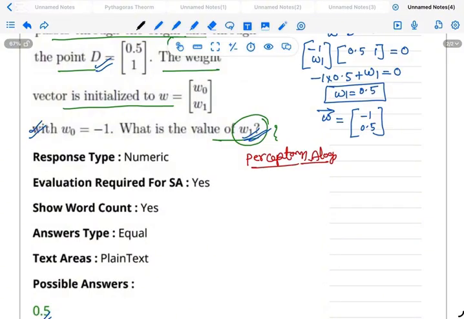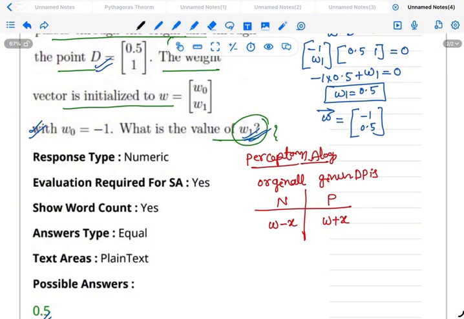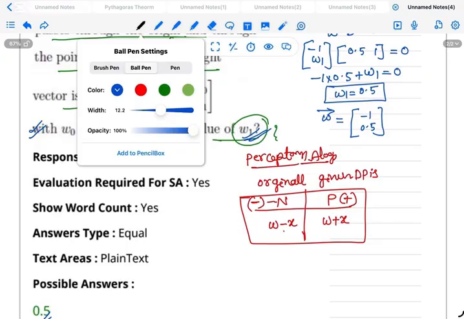For the perceptron algorithm, the given data points are originally negatively classified or originally positively classified, and we find W transpose X, then W plus X or W minus X. Please remember N is negative, so minus X, and P is positive, so plus X. You have to remember this; it is important to solve the question.